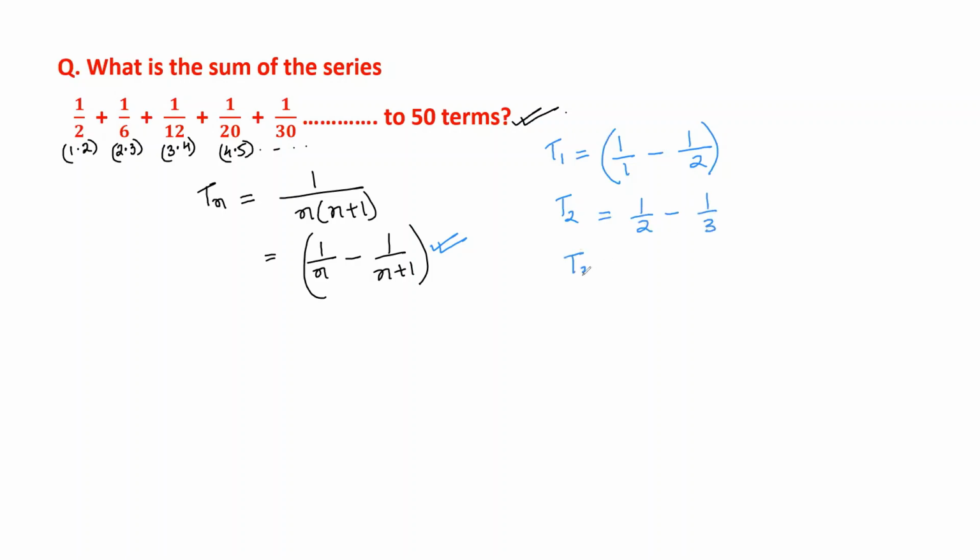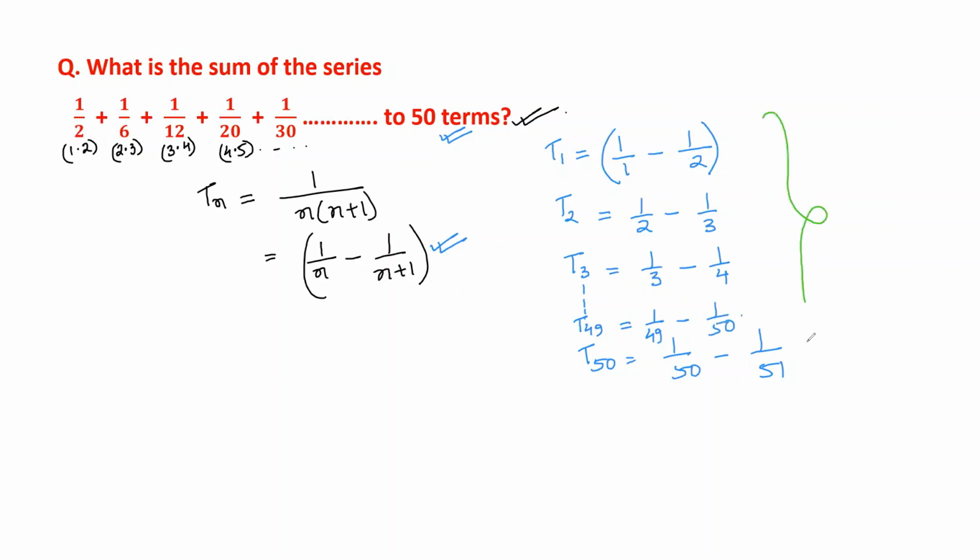The third term t3 can be written as 1/3 minus 1/4, and so on. And since we want to find the sum of this series till 50th terms, the 50th term can be written as 1/50 minus 1/51. In a similar way, the previous term, that is the 49th term, can be written as 1/49 minus 1/50.